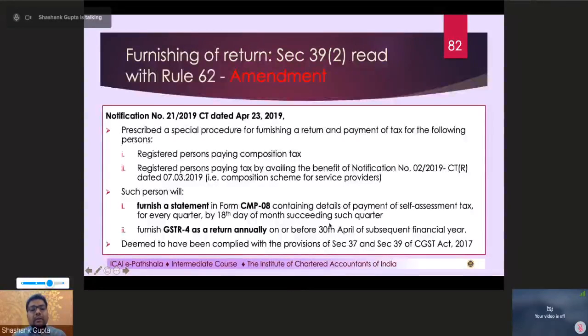However, the tax payment is still quarterly, and for payment of tax, a simple statement is to be filed in CMP 08 by 18th day of the month succeeding such quarter. So, for April, May, June quarter, the tax has to be paid and CMP 08 to be filed by 18th of July.